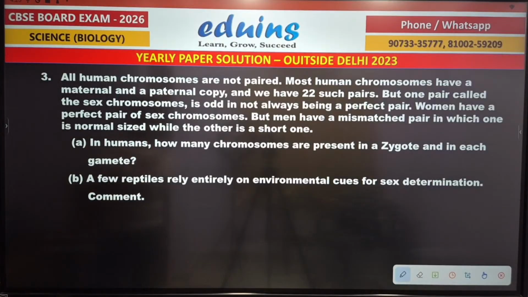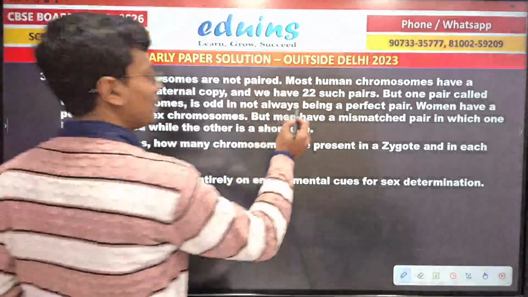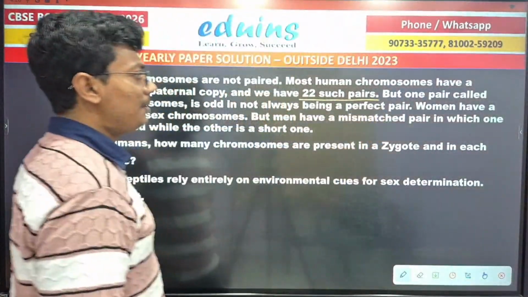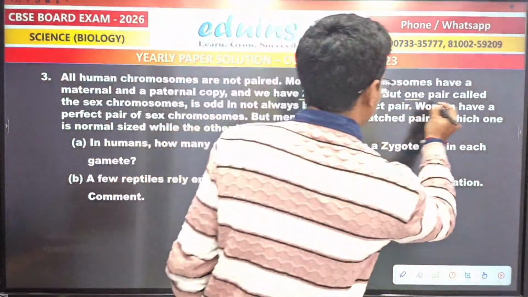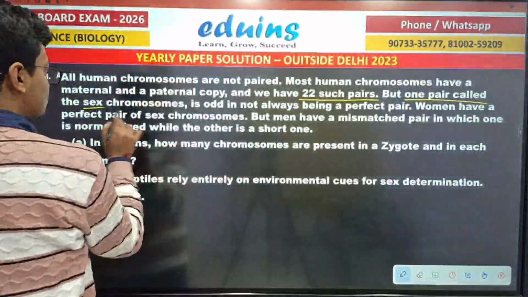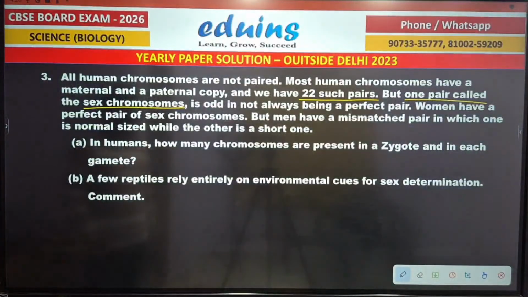Next question. All human chromosomes are not paired. Most human chromosomes have a maternal and a paternal copy, and we have 22 such pairs. But one pair, called the sex chromosomes, is odd in not always being a perfect pair.